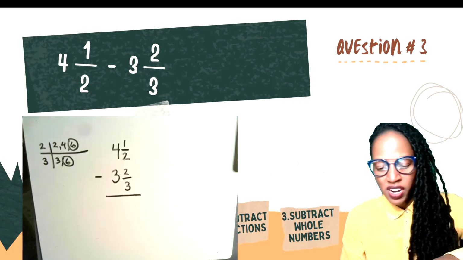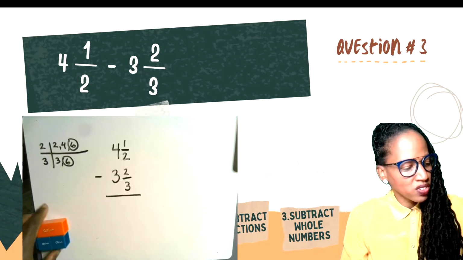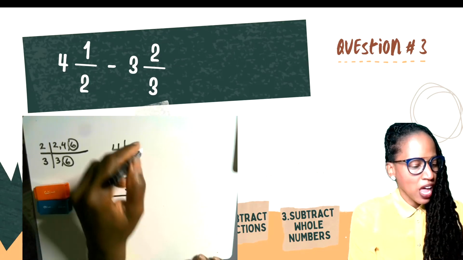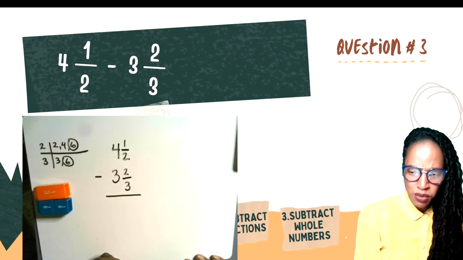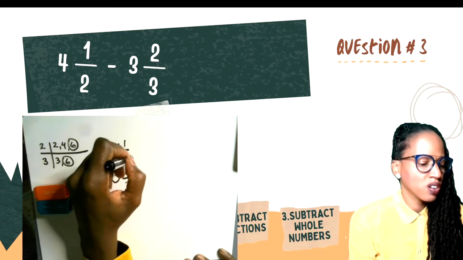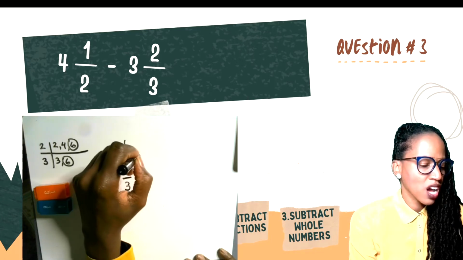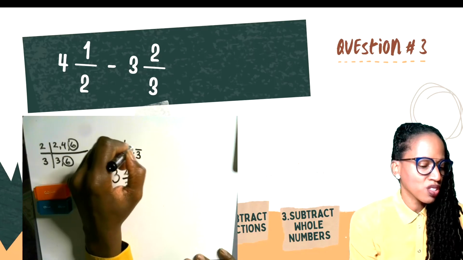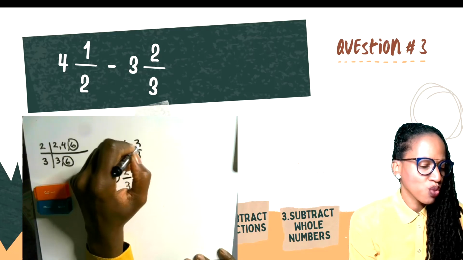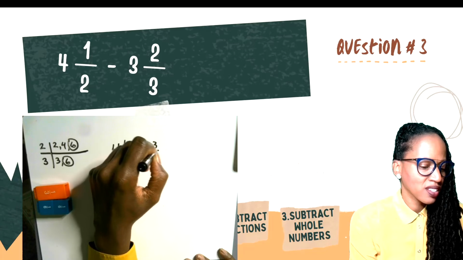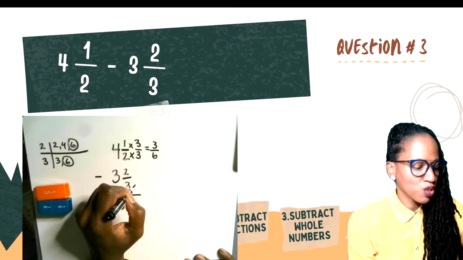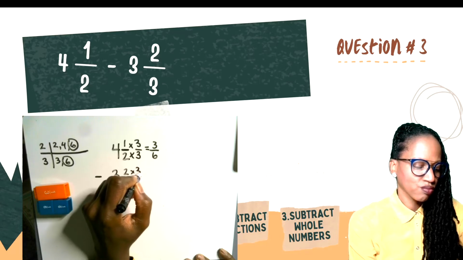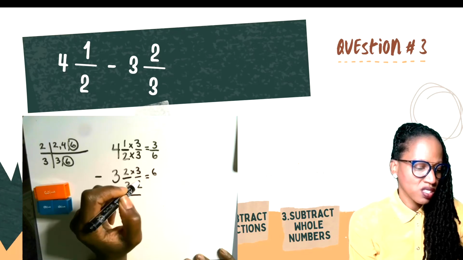Now that I know that 1/3 is equivalent to 2 sixths, I'll leave that there. I'm going to change my denominators or my units. What can I multiply by 2 to give me 6? It would be 3. And I'll multiply the numerator and the denominator by that same amount. What can I multiply by 3 to give me 6? 3 times 2. So this would be 6.